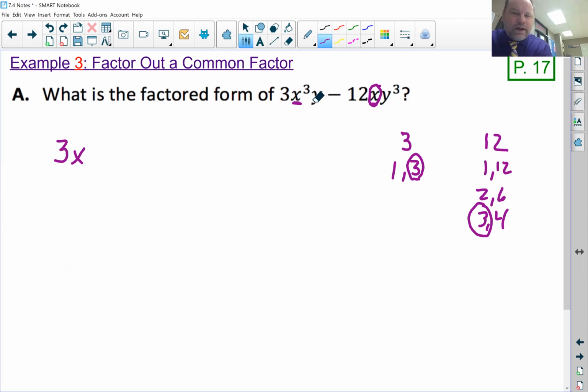Then I look at the y's. I have y and y cubed. So the smallest, I have y's in each term, so the smallest that I have is a y to the first. Take 3 divided by 3, that's 1. I had x cubed, I factored out an x, it leaves me with x squared.